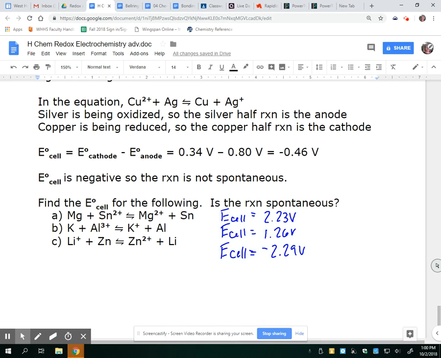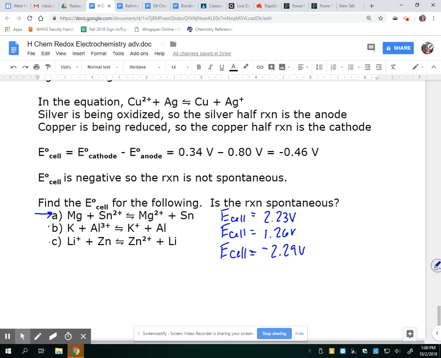Okay, another thing that I would like to point out is if we go back and just look at A, B, and C and just the reactions that are given, especially as we're going into this next chapter from ions in aqueous solution. If we look at reaction A, this reaction is completely balanced.